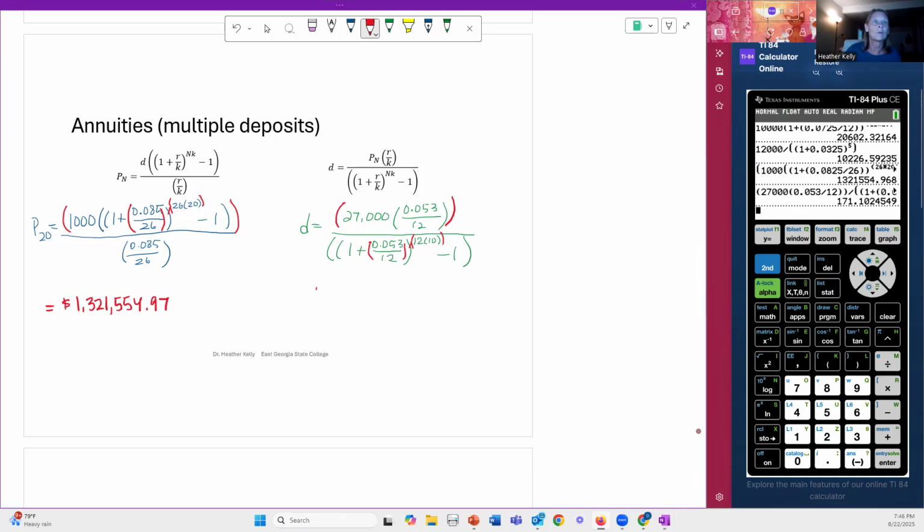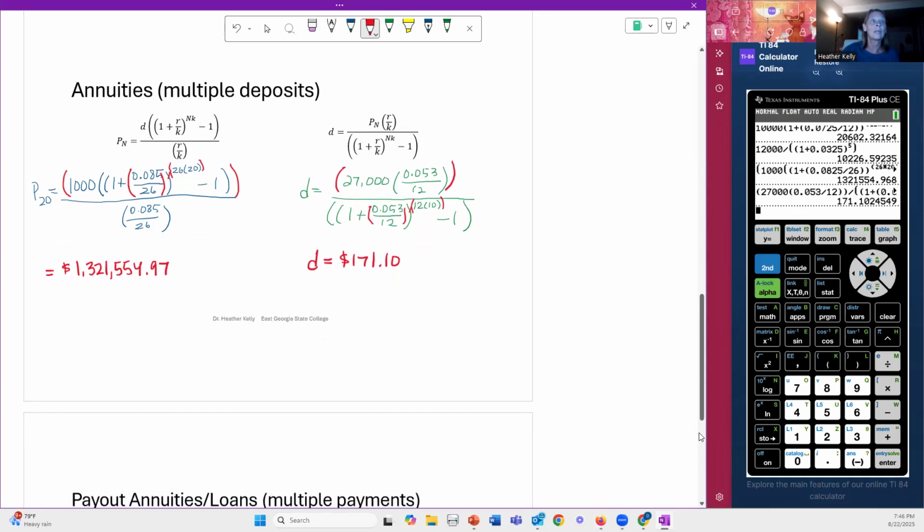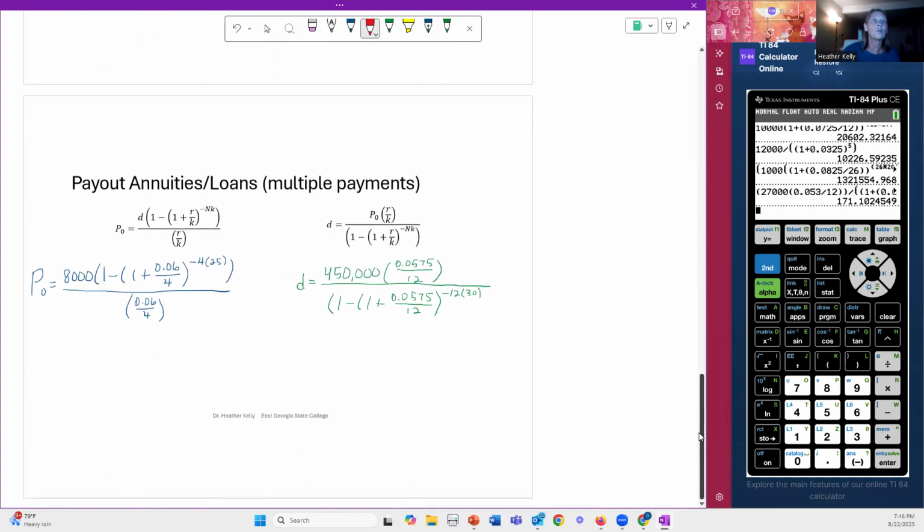There we go. So D, our payment, would be $171.10.